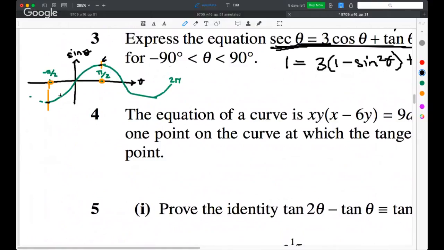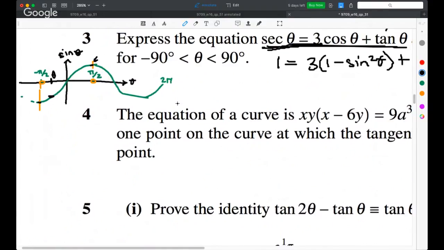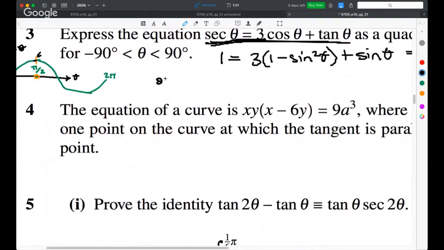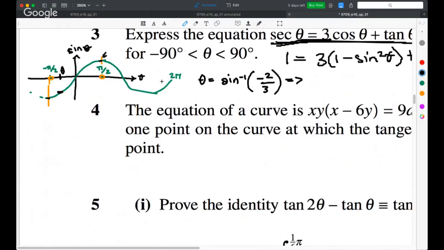We can have minus 2/3, maybe somewhere there. So we're allowed that value, and that'll give us minus 2/3, which is within the range that they've given us. So all you do is find the primary value, inverse sine of minus 2/3, and it'll give you some primary value of theta. Now you can check for alternative values, like additional values, but actually there are no other values of theta within this range that will give you minus 2/3. So you're done.